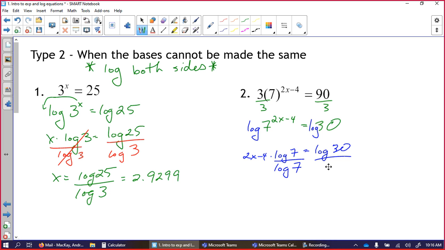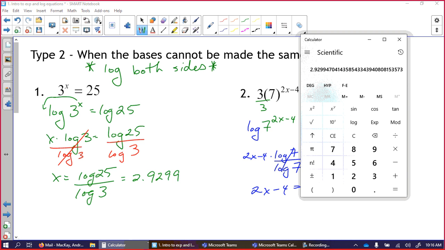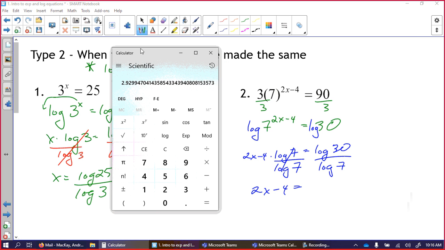I would divide by the log of 7 to get rid of that ugly business. Those go away. 2x minus 4 equals. Now we're going to have some decimals, and it's going to be not as pretty. Log 30 divided by log 7 equals 1.75. 2x equals 1.75 plus 4.